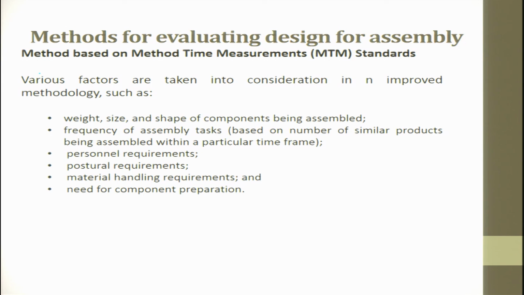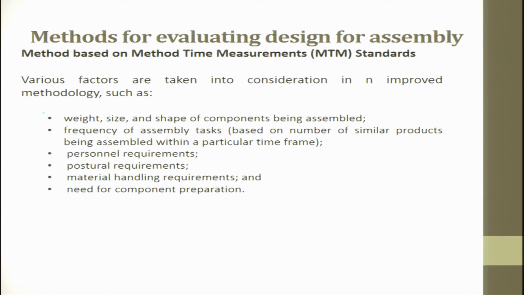The method is based on method time measurement standards. Various factors are taken into consideration in improved methodologies, such as weight, size, shape of the components being assembled, frequency of assembling task based on the number of similar products being assembled within a particular time frame, personal requirement, postural requirement, material handling requirement, need for component preparation.